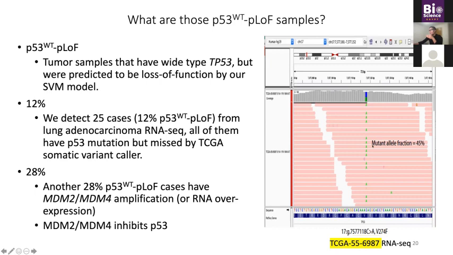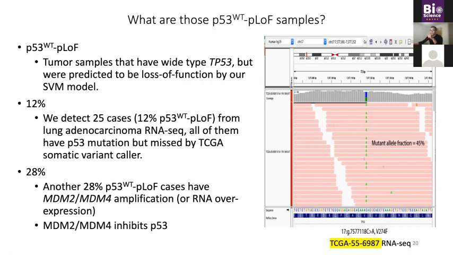This gives you an example. We detected this mutation from the RNA-seq data, but this case was missed by the TCGA. You can clearly see the mutant allele fraction is 45%. In this case it is a C to A change, and we found 12 samples, so 12% of samples have such cases. Another 28% of these wild-type patients actually have MDM2 and MDM4 amplification.